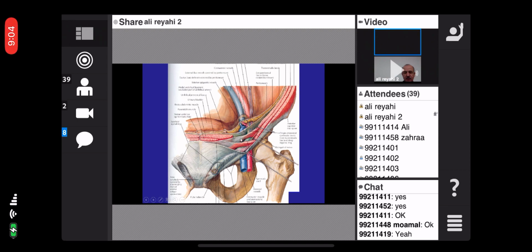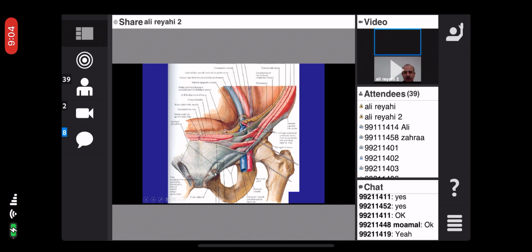Transverse abdominis muscle forms only part of the posterior wall, and some muscle fibers are in the roof of the inguinal canal. You can see the transverse fascia, a continuation of transverse fascia that covers the testicular vessels.